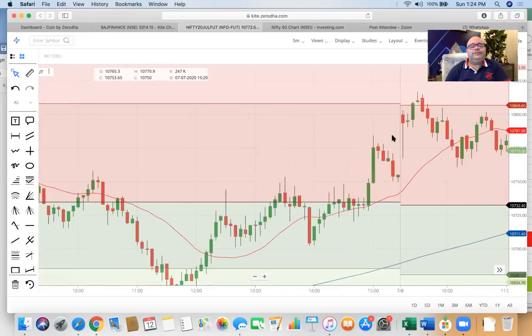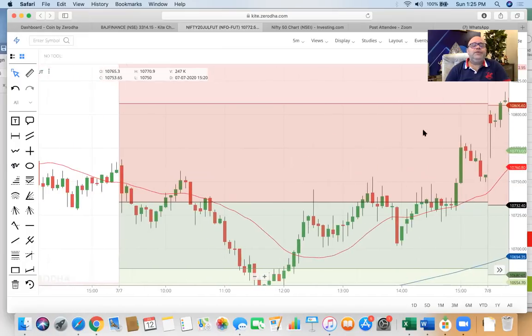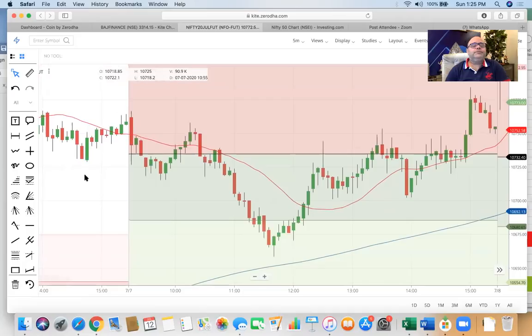Okay, so again, we move here. As you can see, another N pattern. Now the N pattern generally starts from the previous day's close. So I would not like to call this an M pattern.